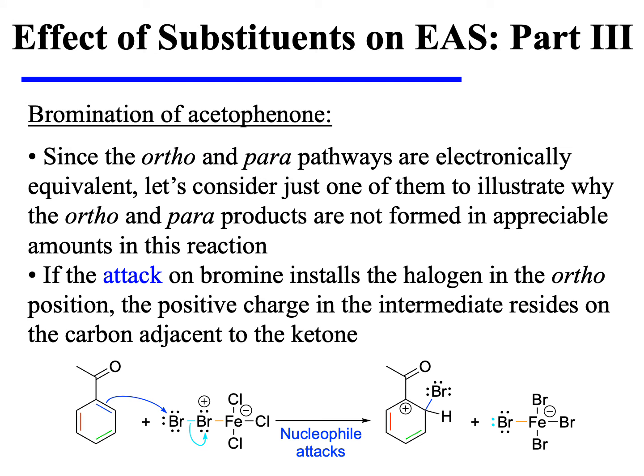Since the ortho and para pathways are electronically equivalent to one another, let's consider just one of them to illustrate why the ortho and para products are not formed in appreciable amounts during this reaction. If the attack on bromine installs the halogen in the ortho position, the positive charge in the sigma complex resides on the carbon directly adjacent to the ketone.